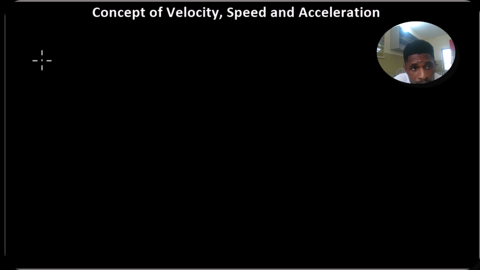For velocity to be zero, either the object hasn't moved at all, or it moved and came back to the same exact position. So then displacement will be zero, and zero divided by anything will simply be equal to zero. Also, velocity is a vector quantity, that is, it has both magnitude and direction.